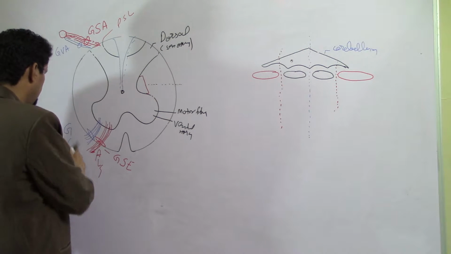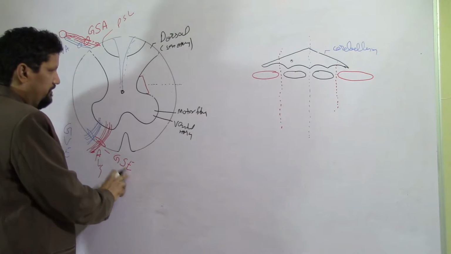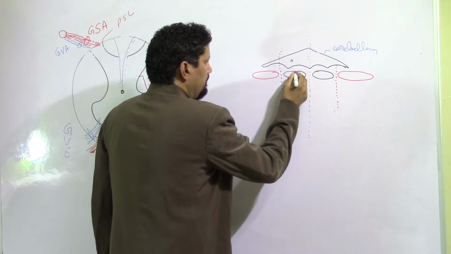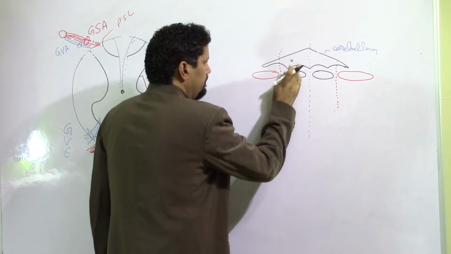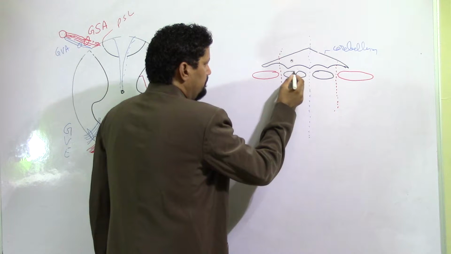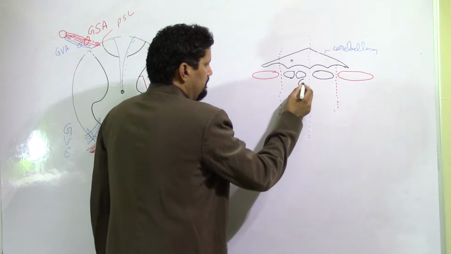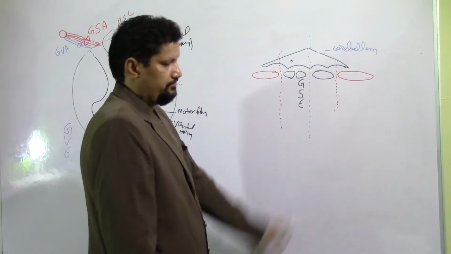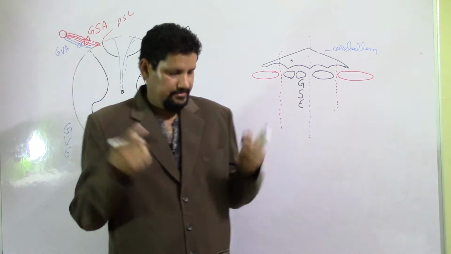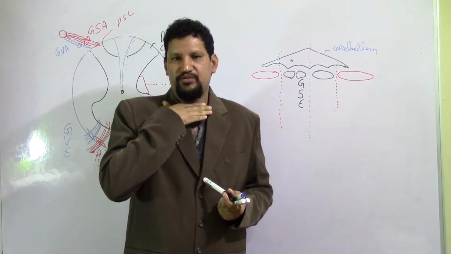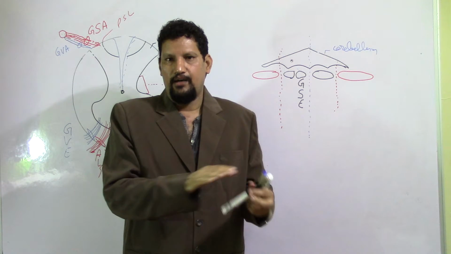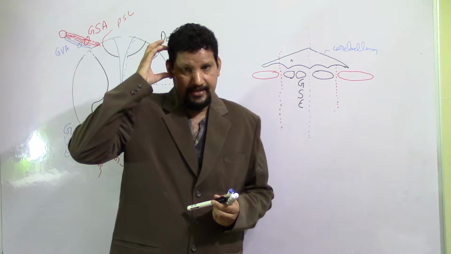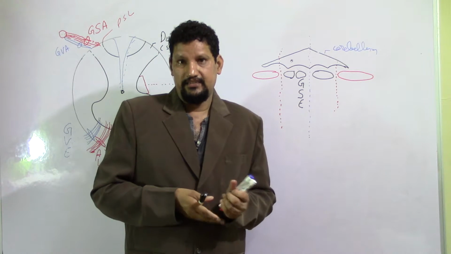Here is general somatic efferent. The medial-most part will become general somatic efferent. There are only general components below the neck, that is in upper limbs, in trunk and in lower limbs. But in the head and neck area there are some special senses also.